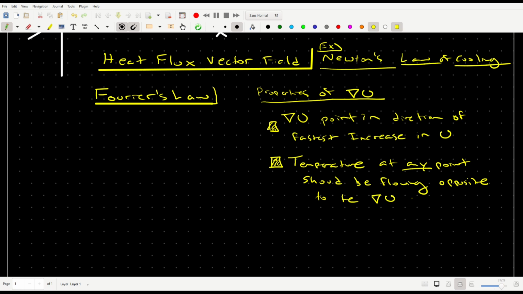This makes a lot of physical sense because this second kind of property that we're using here is a property from physics. And the idea here is that it makes a lot of sense if you just think about how temperature typically behaves.